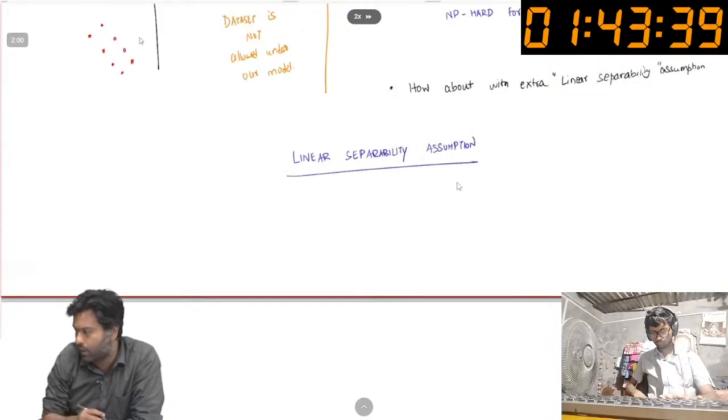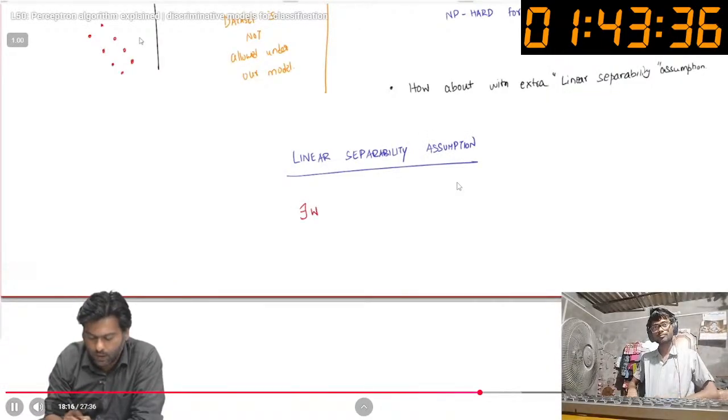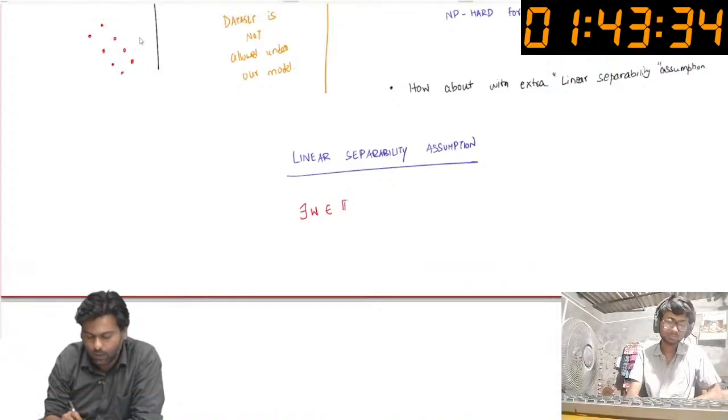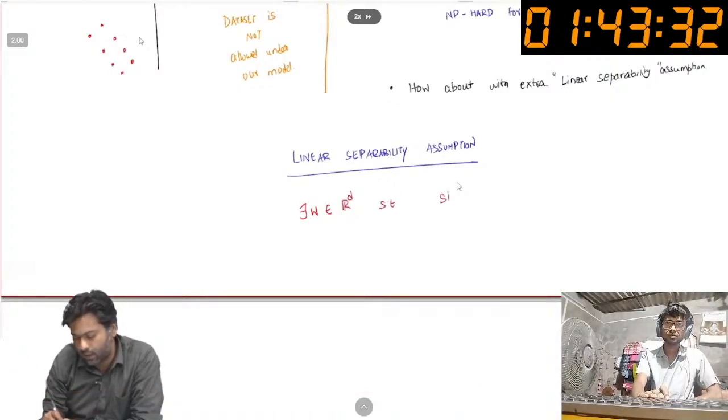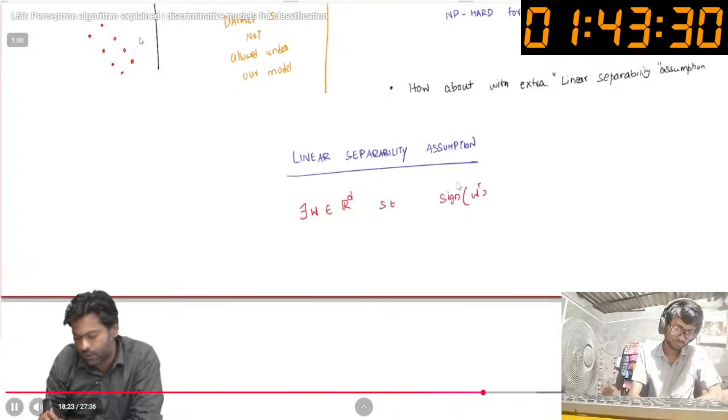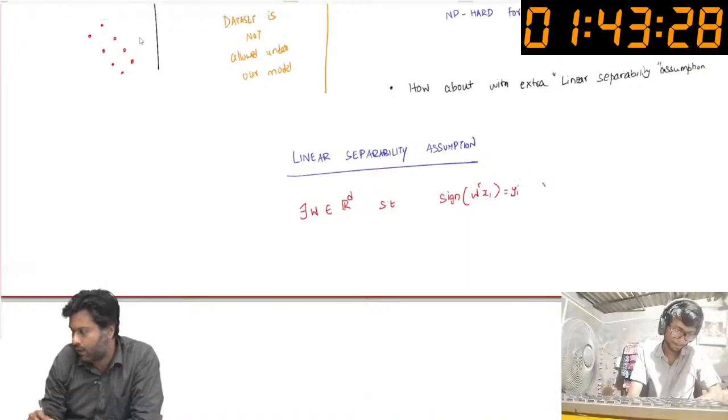It just says the following: we are assuming that there exists some W in D dimensions such that the sign of W transpose Xi equals Yi for all i in our data set.